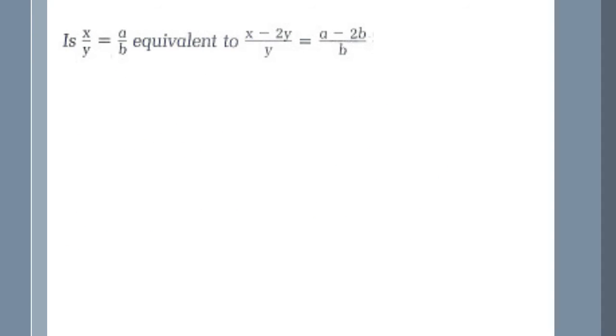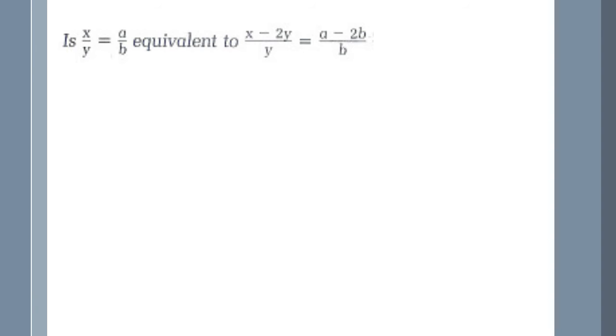Okay, is x over y equals a over b equivalent to x minus 2y over y equals a minus 2b over b? Well, the way we would do that is we're going to take each of these and separate these out and see if we get the same when we cross multiply.